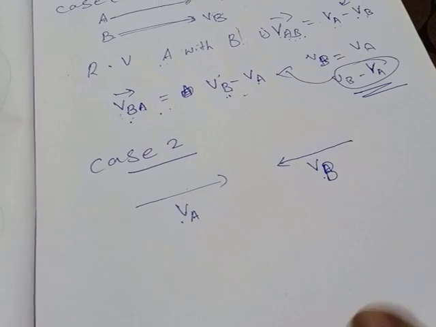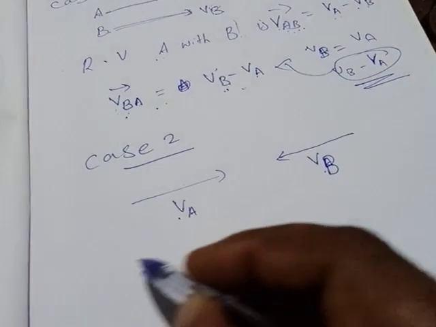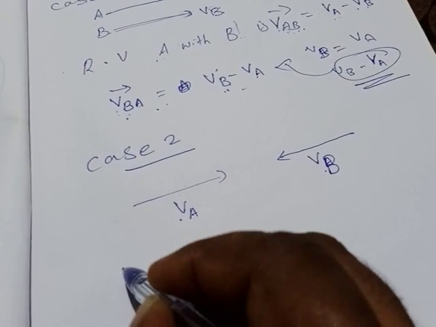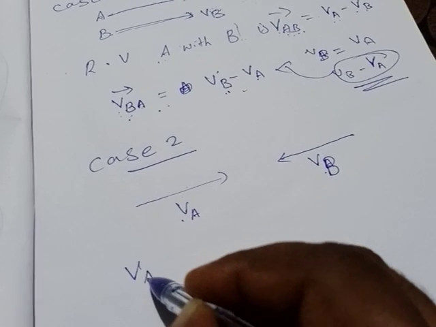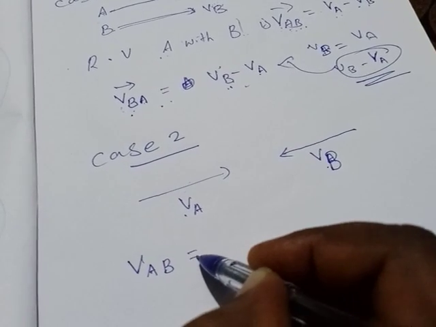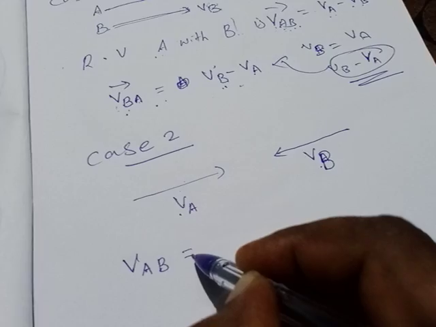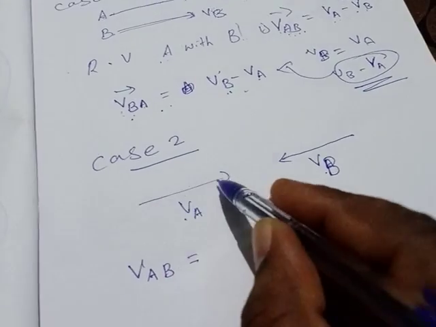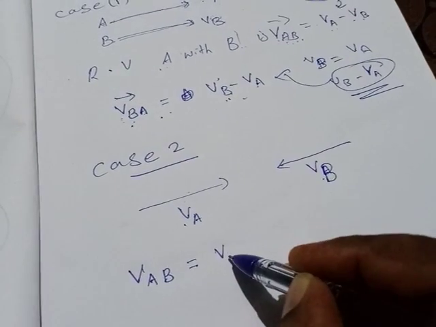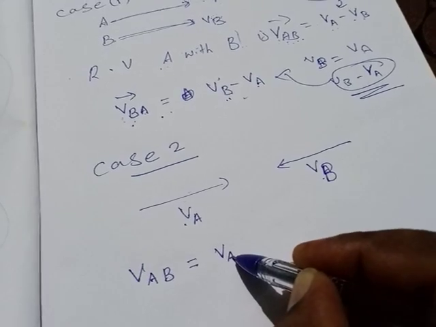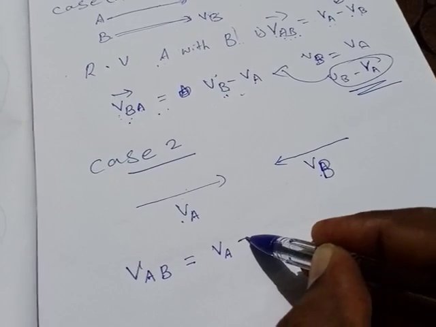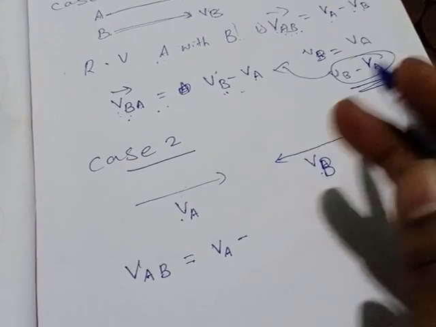Now what can you write? The relative velocity of object A with respect to B. VA is moving this side, so VA minus VB, because VB is opposite to this.